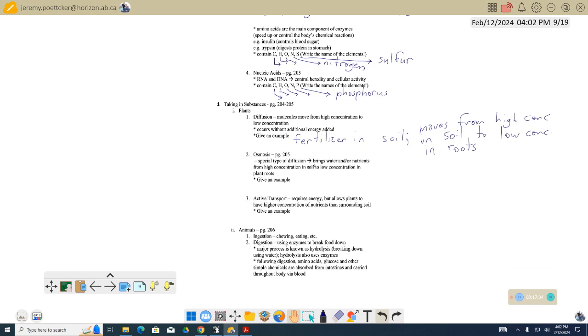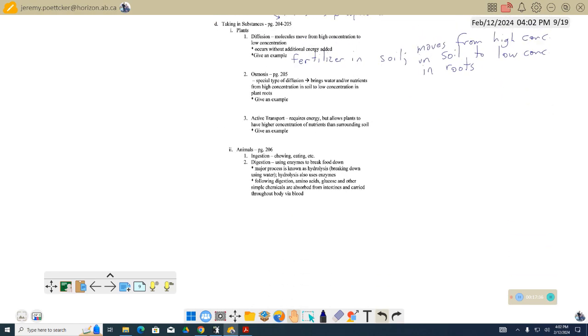All right, animals. In terms of taking in substances, they're going to ingest by chewing and eating and so on. And then they're going to digest things using enzymes, to break the food down. The major process here is known as hydrolysis, which is breaking down using water. Water, lysis, splitting, water splitting. Hydrolysis also uses enzymes. Ooh, there's those proteins again, and amino acids to build them.